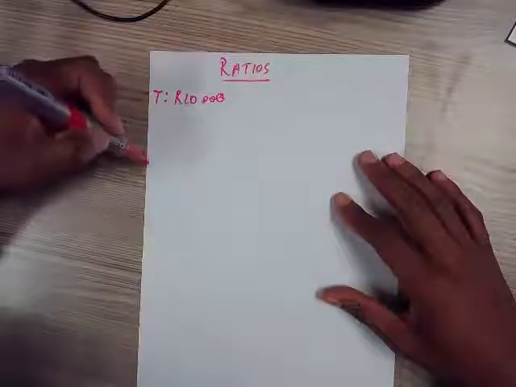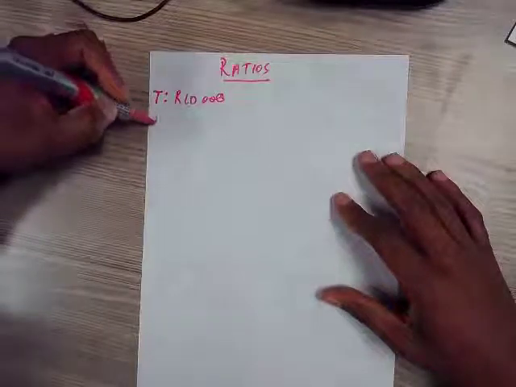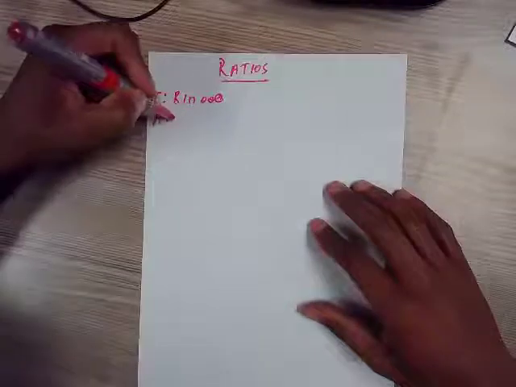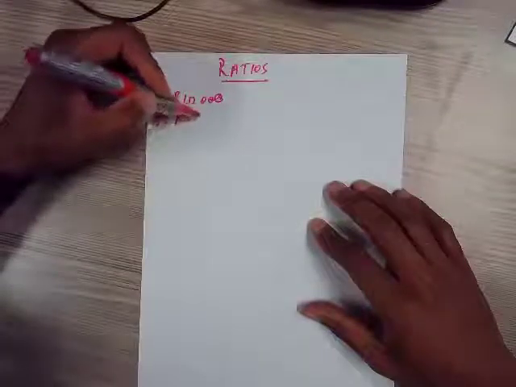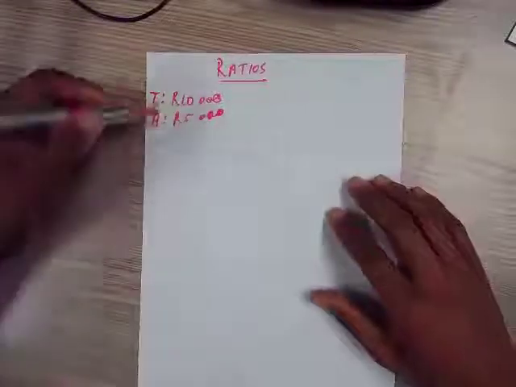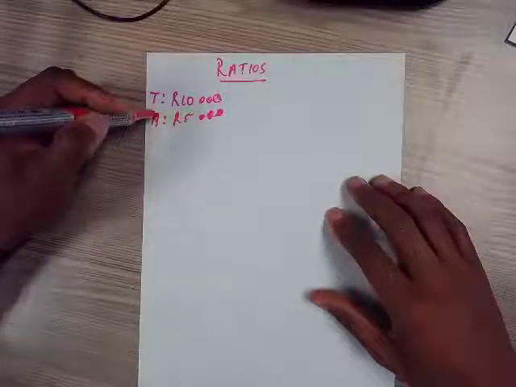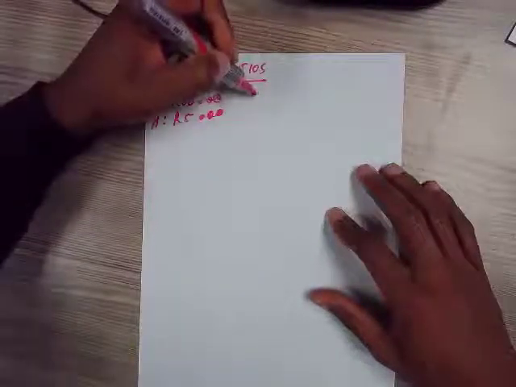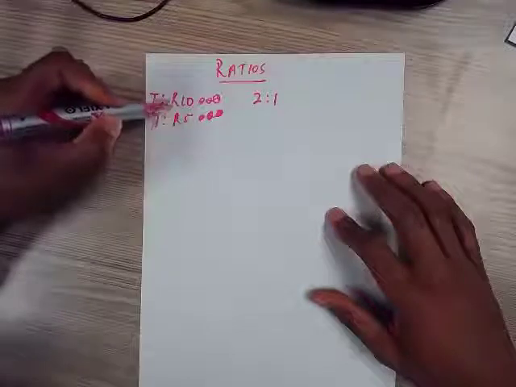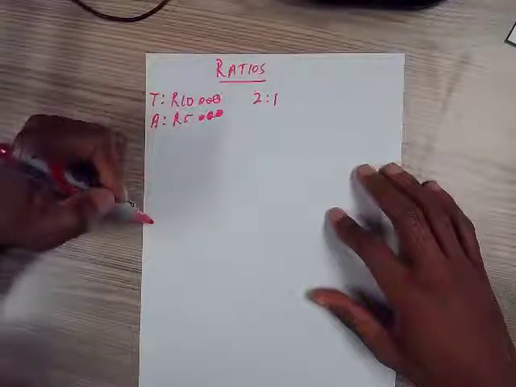Then somebody else comes, Aaron. He puts in, say, 5,000. This ratio is a 2-to-1 ratio. Why? Because I've put in twice his amount.